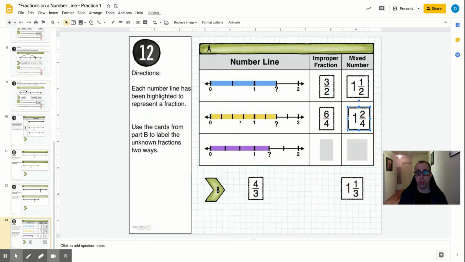So 1 and 2/4 or 6/4. Here's your 1, and here's your additional 1, 2/4. And finally, we have 1, 2, 3. So it's thirds. 1, 2, 3, 4/3, or 1 and 1/3.